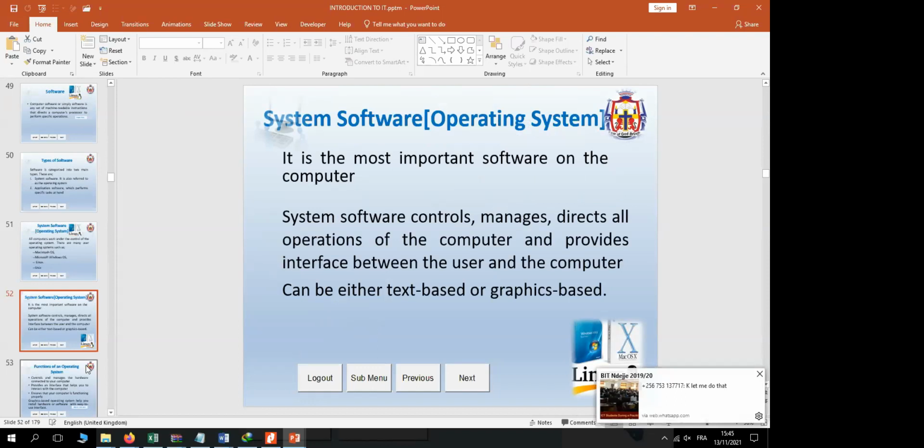So what does system software do? System software is the most important software. You can't have a device without system software, but you can have it without application software.